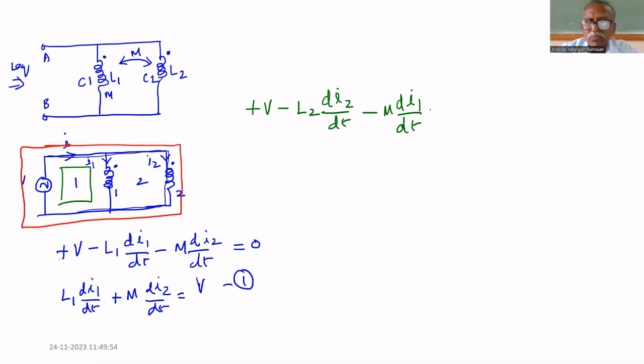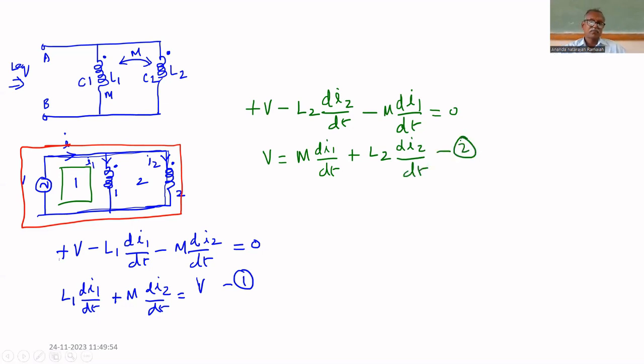Equal to 0. Or I can say V equals M di1 by dt plus L2 di2 by dt. Let it be the second equation.